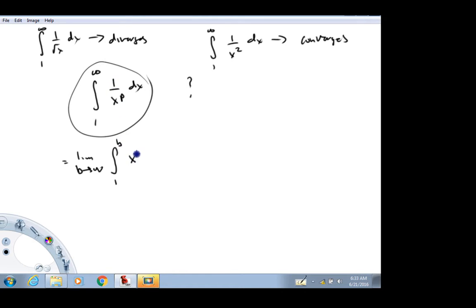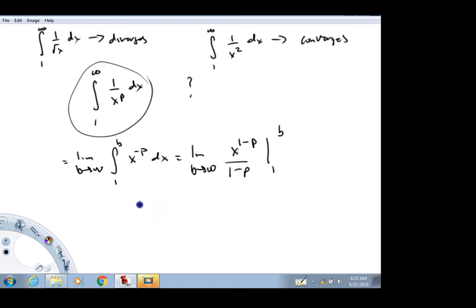Why don't we write this as x to the minus p dx, and this is going to equal the limit as b goes to infinity of x to the 1 minus p evaluated from 1 to b divided by 1 minus p. So this is just the power rule. Add 1 to the power, that'd be minus p plus 1, which I'd prefer to write 1 minus p. Divide by your new power, which would be 1 minus p.